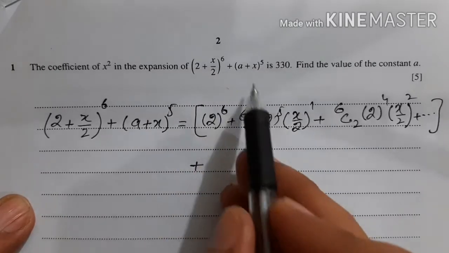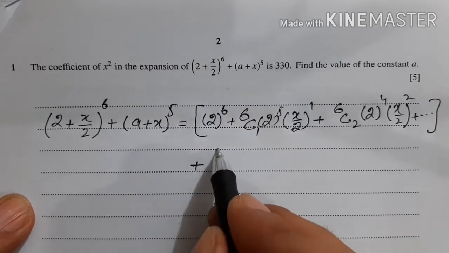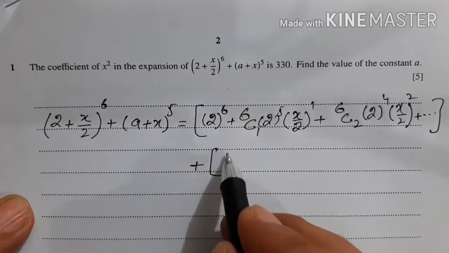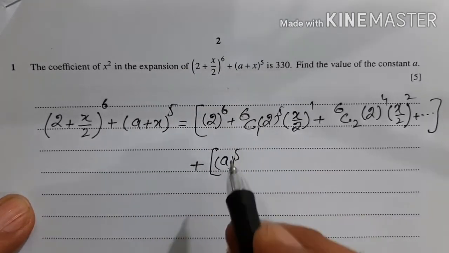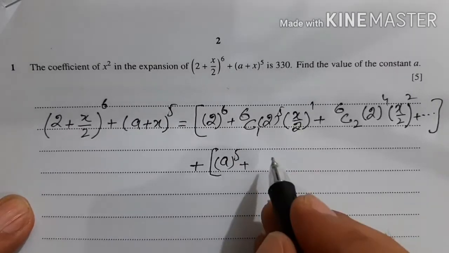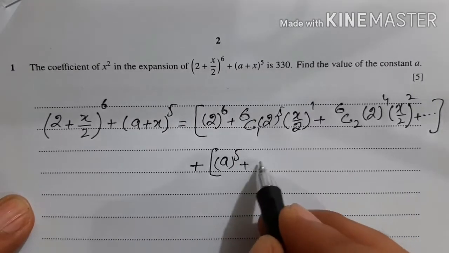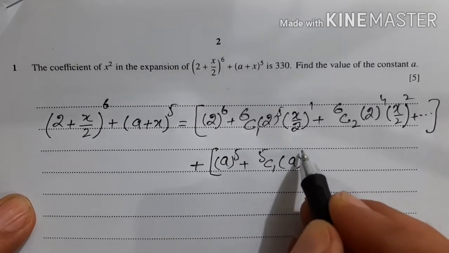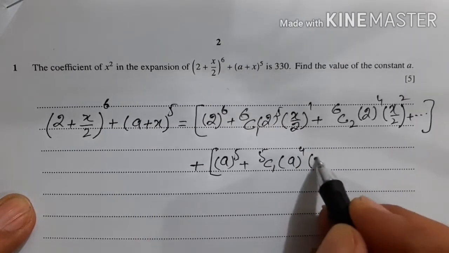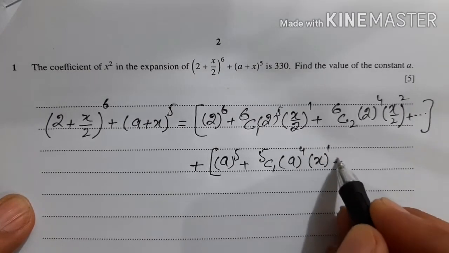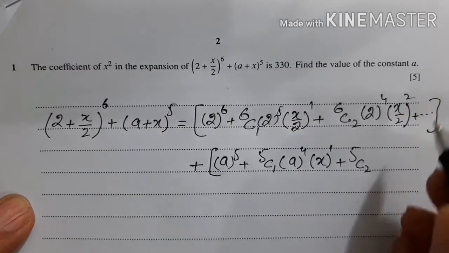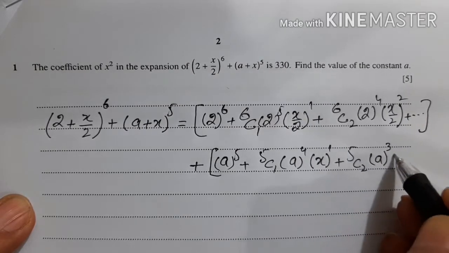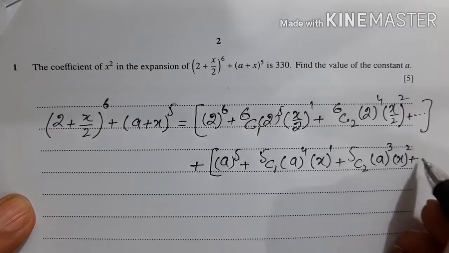Plus this next term, I'll expand again with binomial expansion. This will be a^5 plus 5C1 a^4 x^1 plus 5C2 a^3 x^2 plus so on.